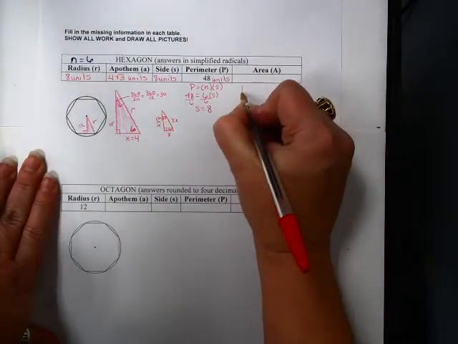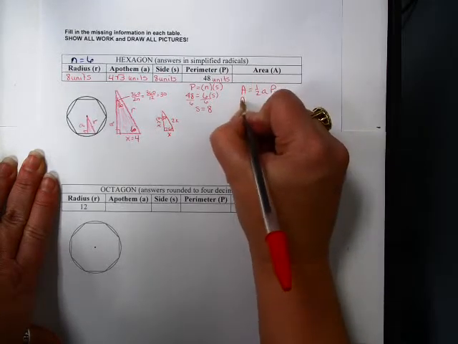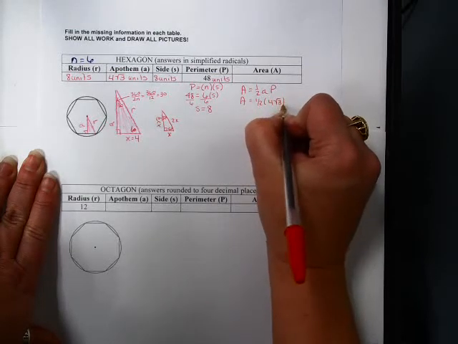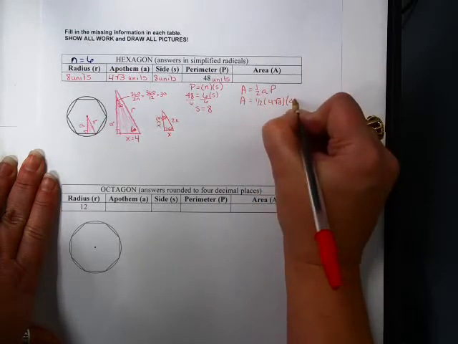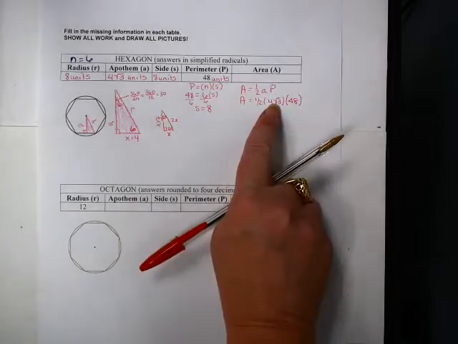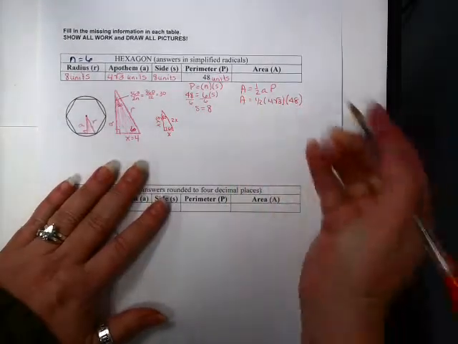To get my area, this is going to be area equals 1/2 the apothem times the perimeter. So area is going to be half of 4 rad 3 times 48. Since the half and the 4 are right next to each other, you can just take half of 4. That's going to be 2.